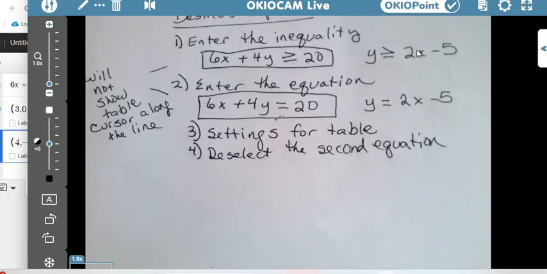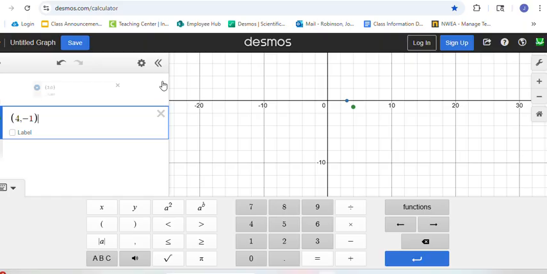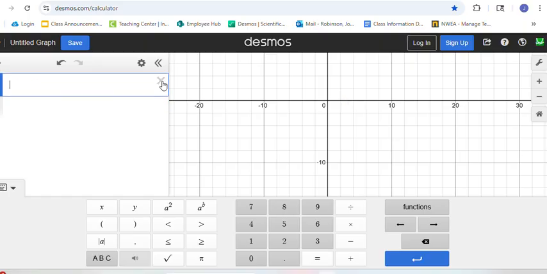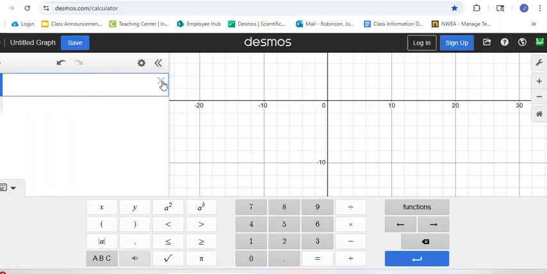Alright, coming over to Desmos. What is the equation? Y is greater than or equal to 2x minus 5. Ooh, look at that Y. I don't think that one's going to work.